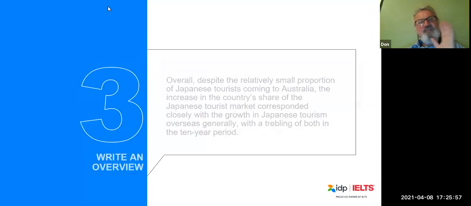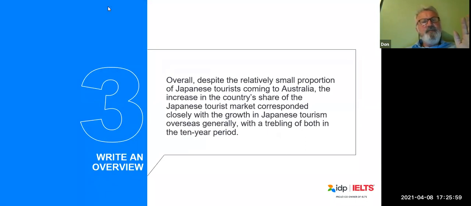Here the overview is very good. It's 1 long sentence, but it could be 2 sentences. This person says overall, which is a good start because it tells the reader, here is the summary. You might use the word summary. In summary, or you might say to sum up.